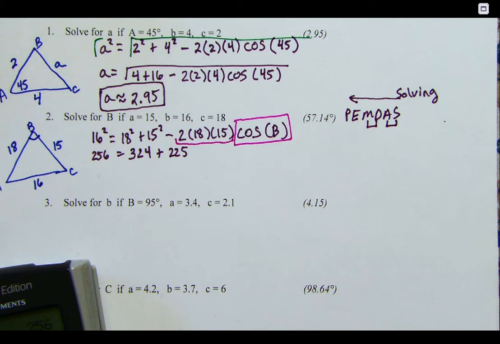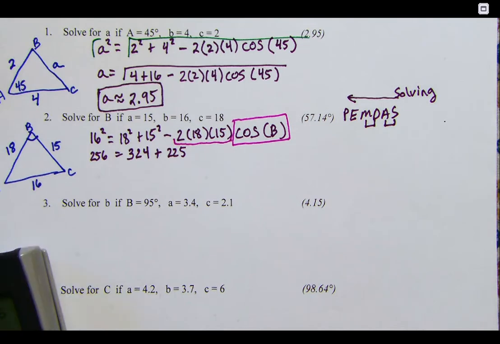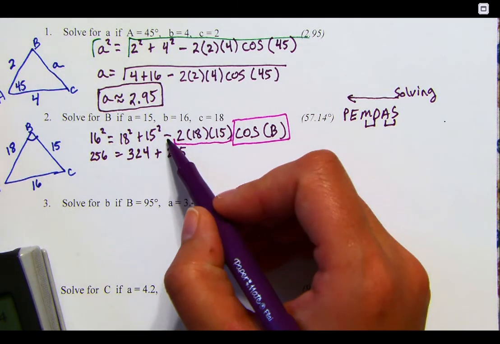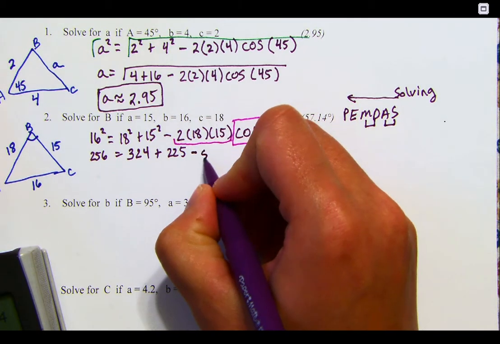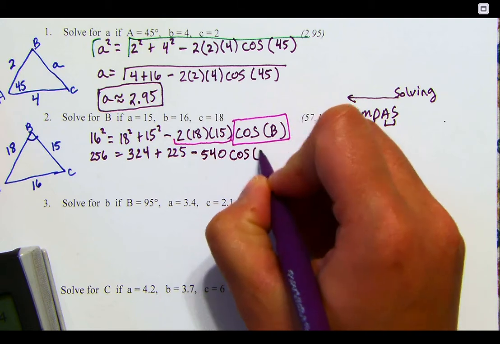So we're just taking 2 times 18 times 15. You guys can see my calculator down here, so I'm doing all those calculations just to make sure I don't make a simple mistake. 2 times 18 times 15 is 540. I didn't include the subtraction sign, so this still needs to be a minus here. And then we would still have that cosine of angle B.